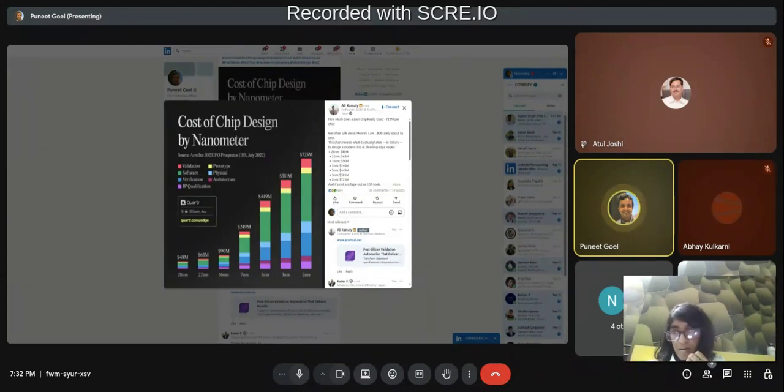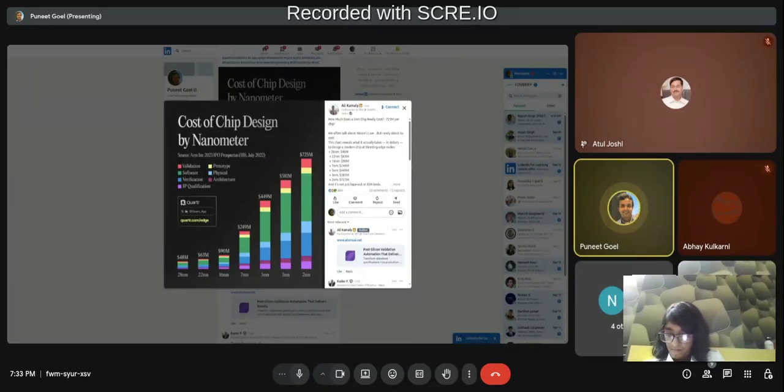Unless we bring this down, we are not really able to democratize chip fabrication in India. How many MSME companies, maybe in IoT or people trying to work in computing, will be able to spend that kind of money on designing a chip?